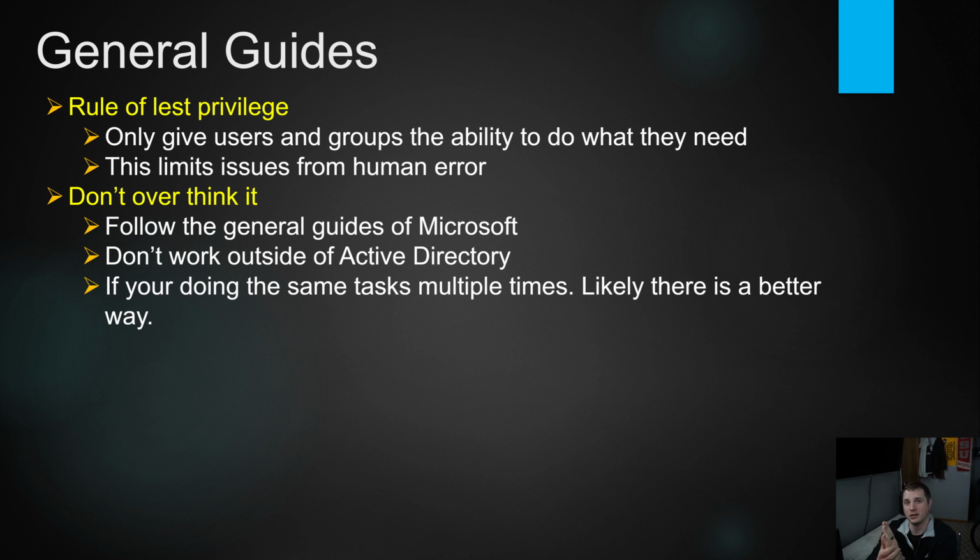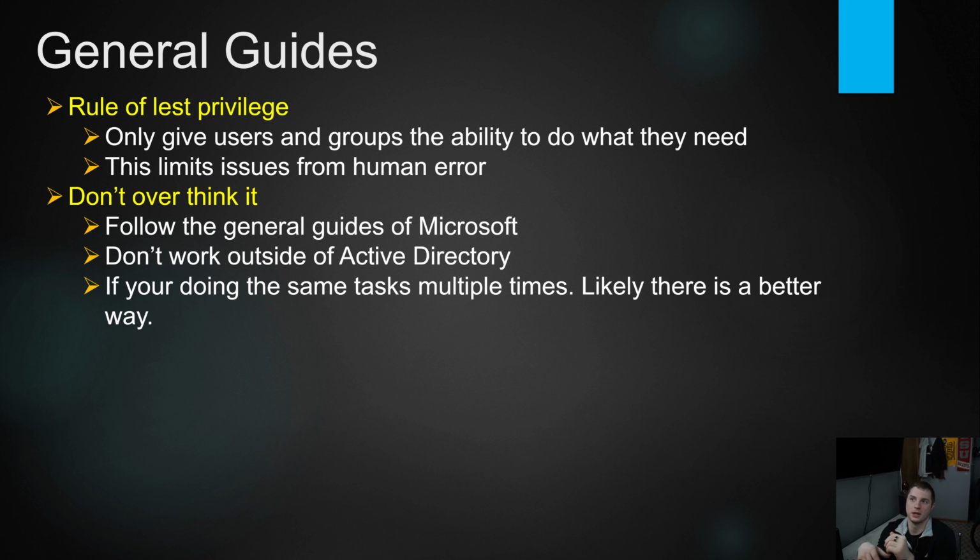The other thing that we need to talk about is don't overthink it. So generally what ends up happening is if you have the general guidelines and general understanding of what Microsoft is intending Active Directory to be used as, you're going to be okay. A lot of the problems come when you think you have a better idea of how to do it, and then you run into an edge case, and then it doesn't work anymore, and then it gets messy very quickly, and then you lose track of what you're trying to do.